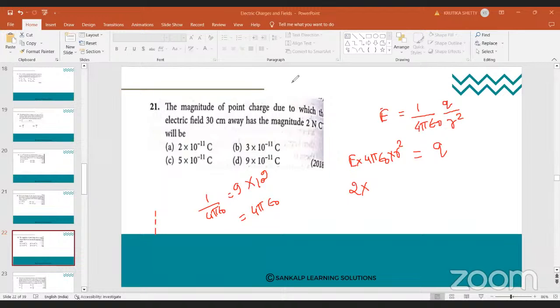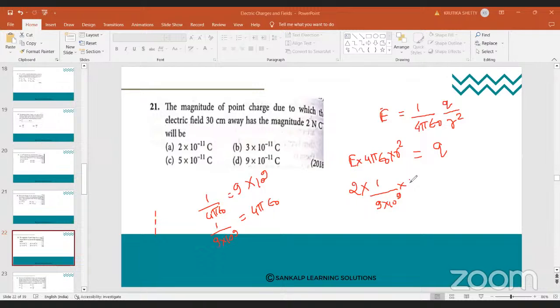Students, don't unmute yourself. Okay. See here, 1 by 4 pi epsilon naught value is 9 into 10 raised to 9. Therefore 4 pi epsilon naught value is 1 divided by 9 into 10 raised to 9. So substitute here, that is 1 divided by 9 into 10 raised to 9 into R square value.